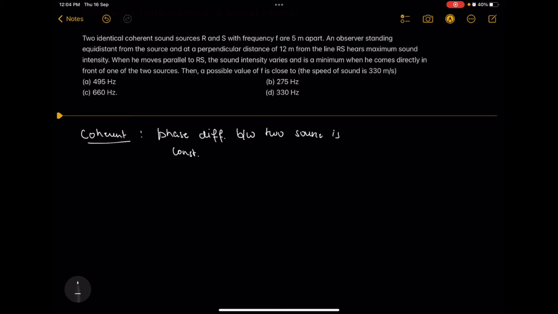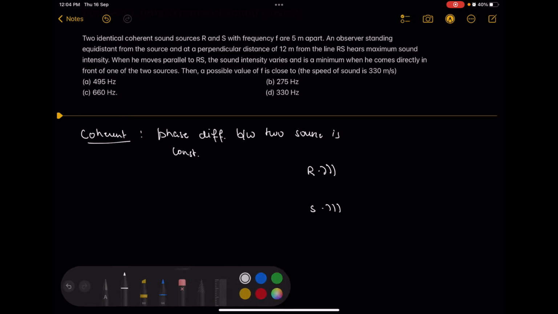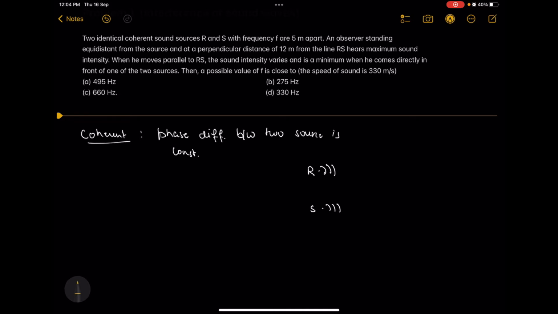And an observer is standing. I forgot to make a diagram again. So I have two sources R and S, and they both are emitting sound waves like this, and they are 5 meters apart.